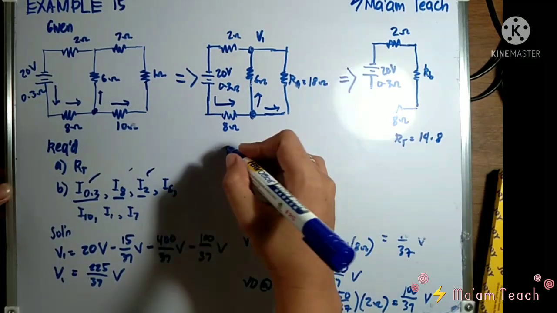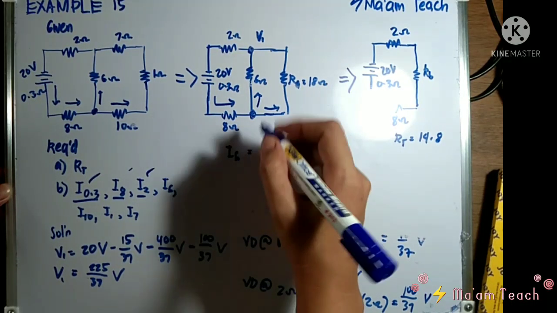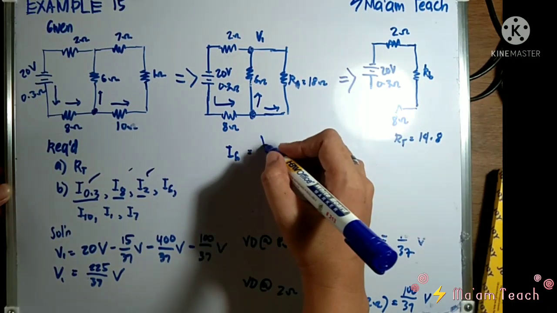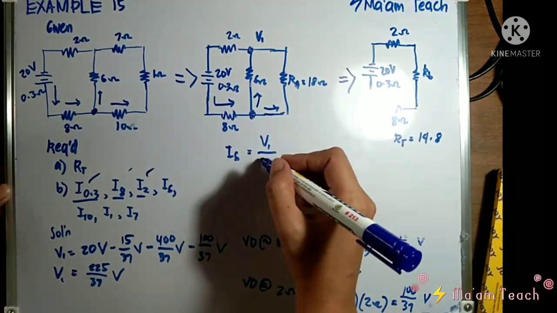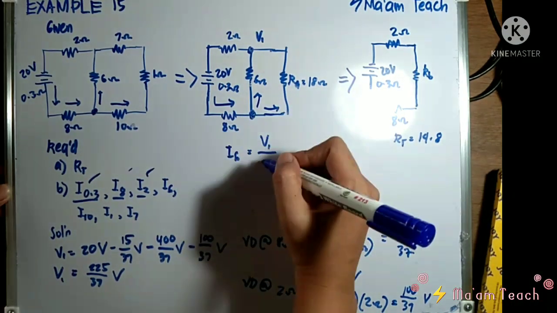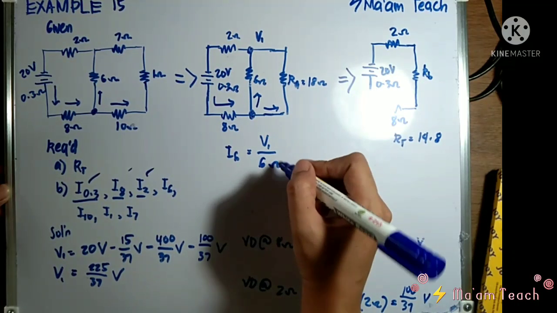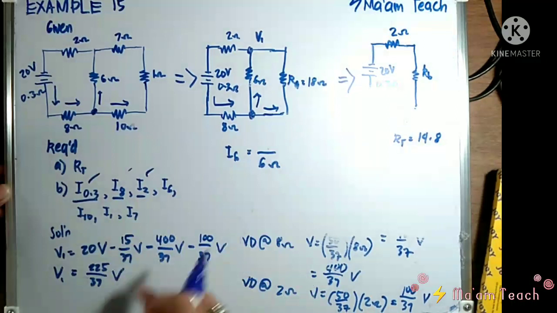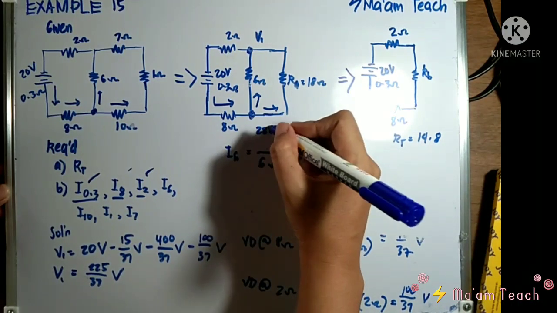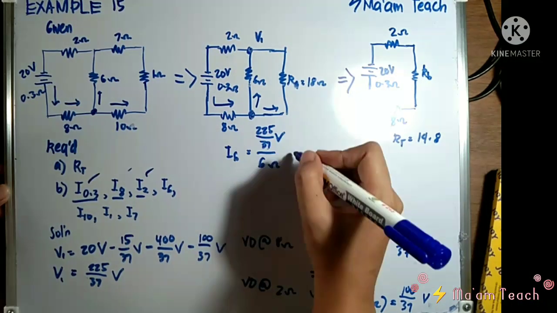So, to solve for I sub 6, or the current flowing in 6 ohms, you'll use V sub 1 for our voltage supplied and the resistance of 6 ohms. Okay? So, substituting, class, our V sub 1 is 225 over 37 volts.